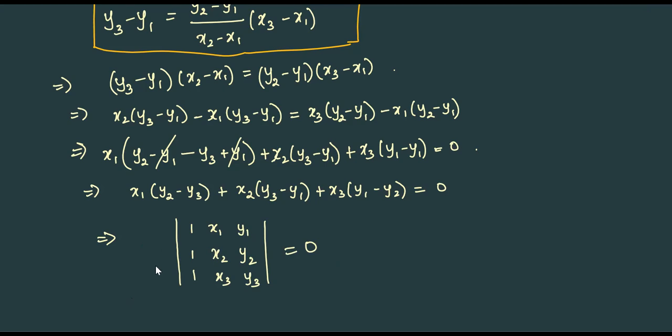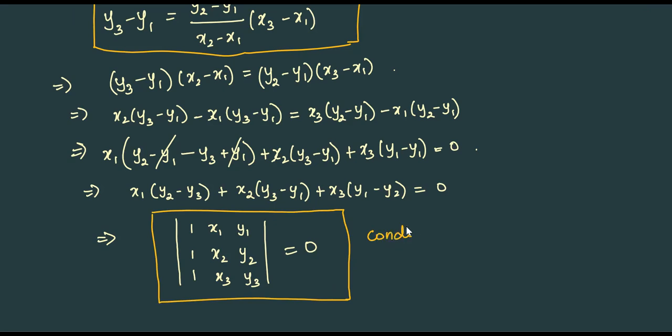How about Chaitra? I'll show the evaluation of determinants soon. But this is the value of the determinant. This is the condition for collinearity. This is another condition for collinearity.